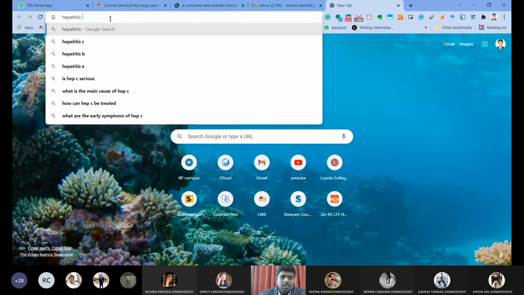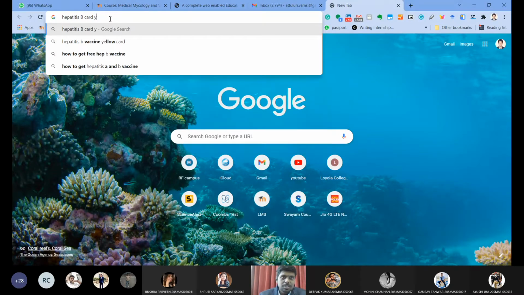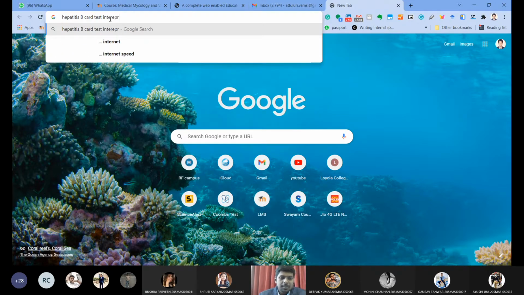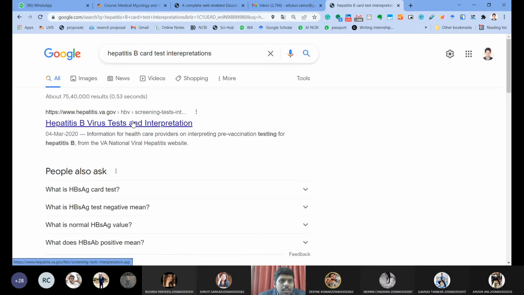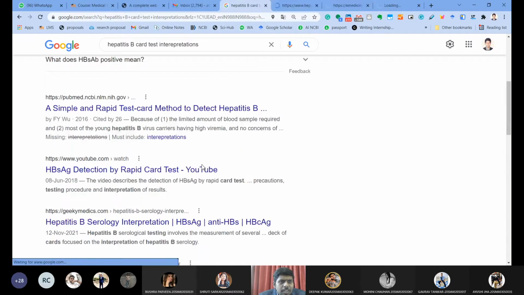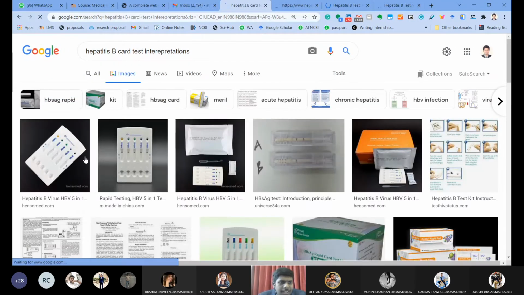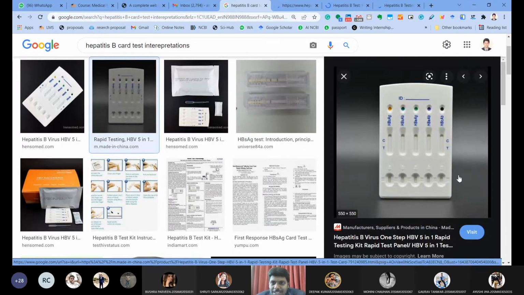Hepatitis card test results. Hepatitis B card test interpretations. I can go to Google Images directly. See, as I said, this hepatitis card will have all these antigens.